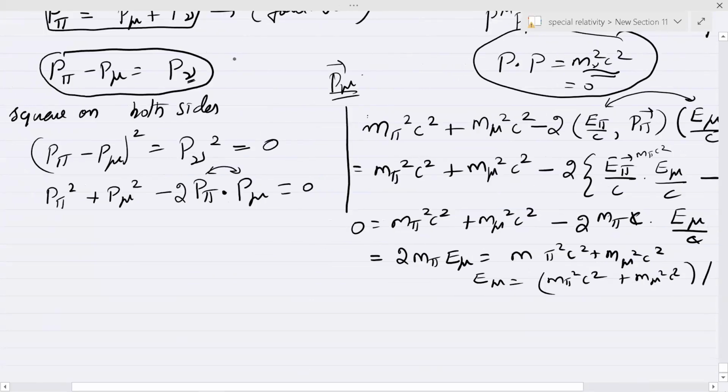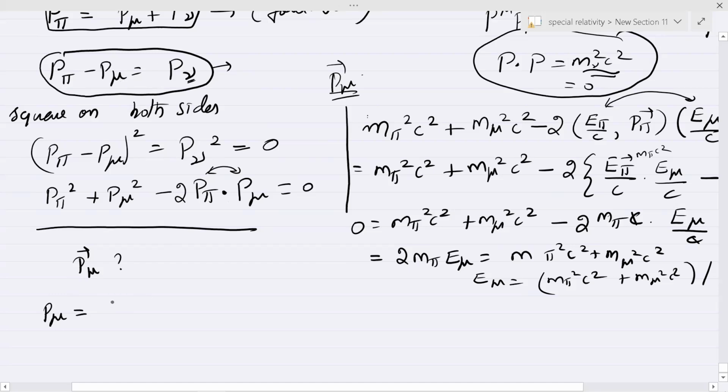Now, again, I'll do something else. What if the question is to find the p mu vector? Then we don't have to eliminate this p mu vector. Then we write this in this form. In order to find the p mu vector, we'll simply solve for p mu from here.